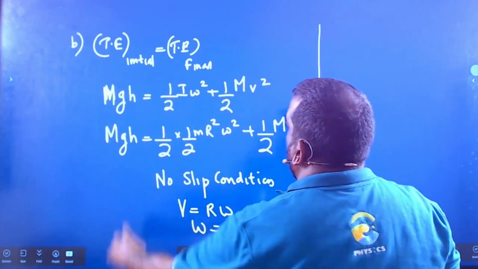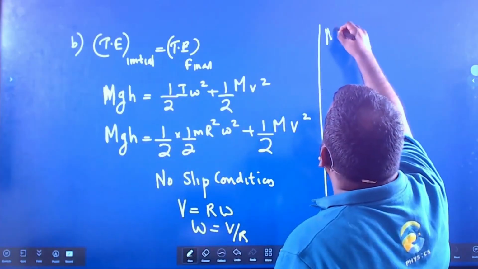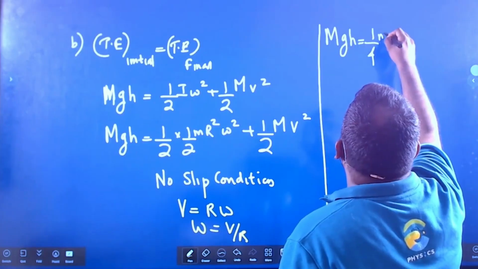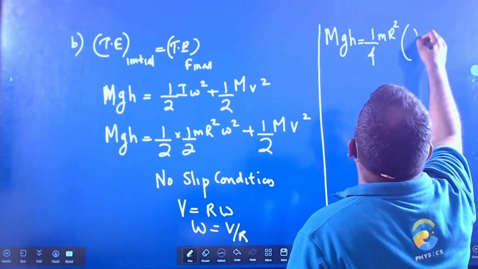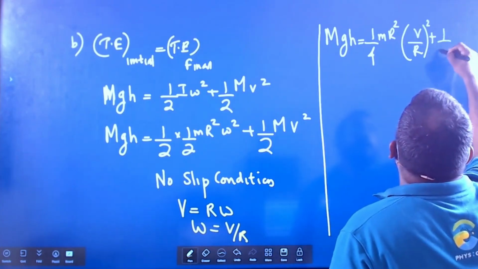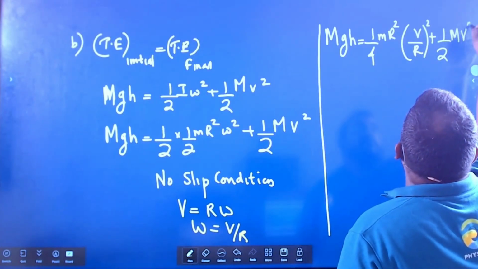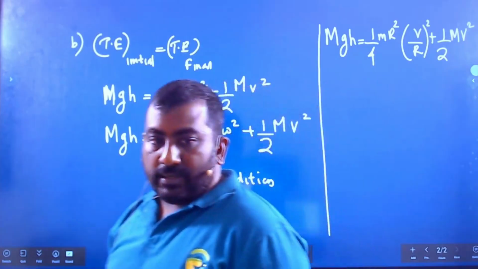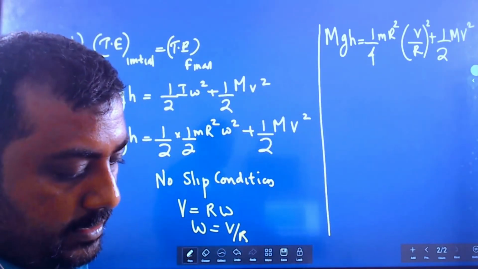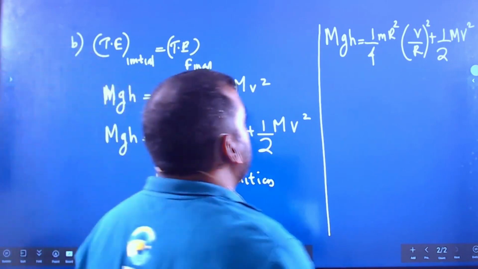Be careful with capital M and simple m. Capital M gh equals quarter simple m R squared into v over R squared plus half capital M v squared. Right. Now you can simplify this.